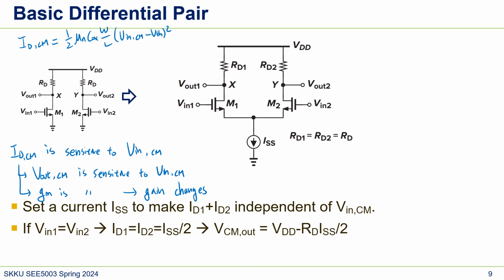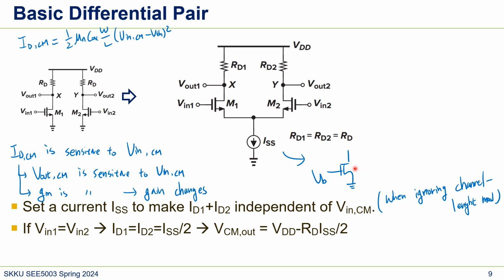Of course, this is when ignoring channel length modulation. It's because usually this current source will be replaced like this, with VB and a MOSFET.